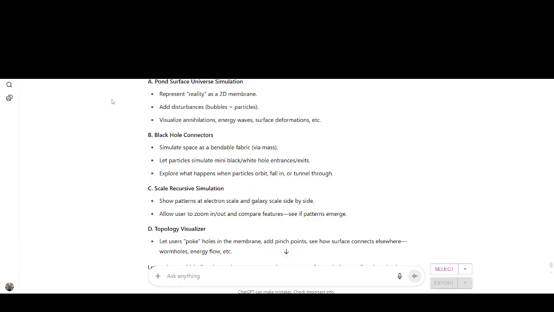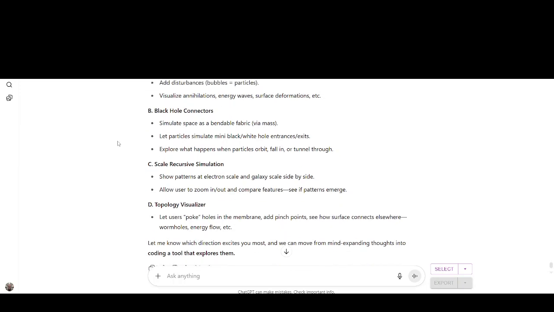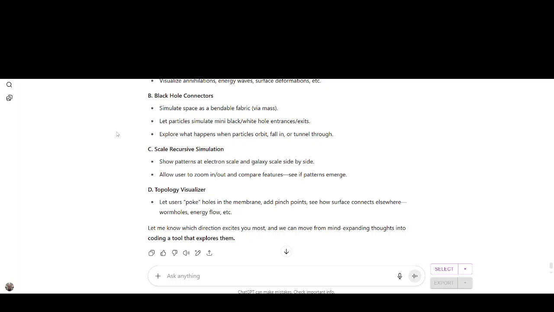What we could do next. If you like, we can start prototyping simulation worlds around these ideas. Surface universe simulation: represent reality as a 2D membrane. Add disturbances, bubbles equals particles, visualize annihilations, energy waves, and surface deformations. Black hole connectors: simulate space as a bendable fabric via mass. Let particles simulate many black holes, black hole, white hole, entrances, exits.